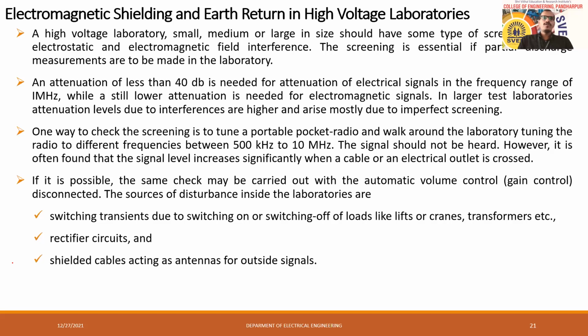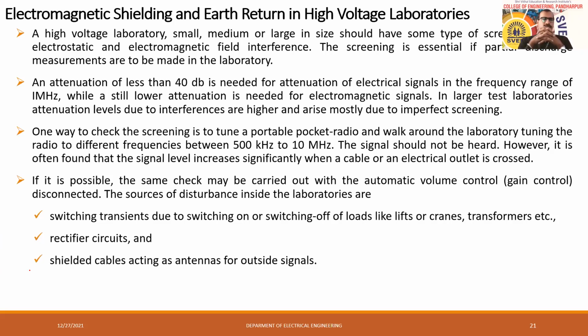So friends, the important thing is electromagnetic shielding and the earth return. Whatever the high voltage laboratory, whether small, medium or large, it should have some type of screening against electrostatic as well as electromagnetic field interferences. That screening is important, and it is necessary when partial discharge measurements are to be made in a laboratory.